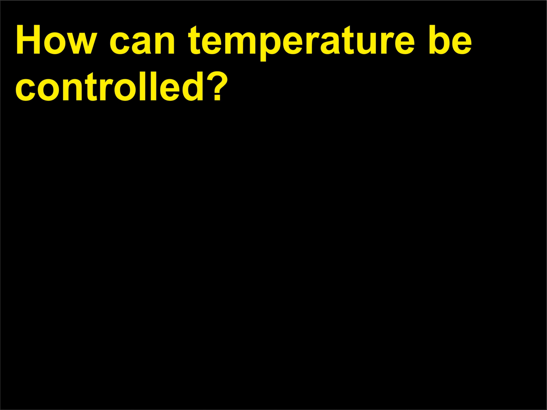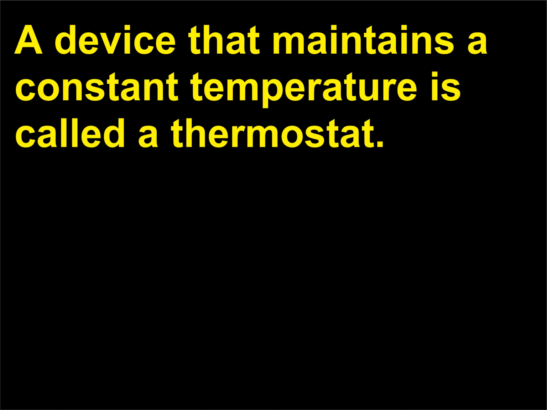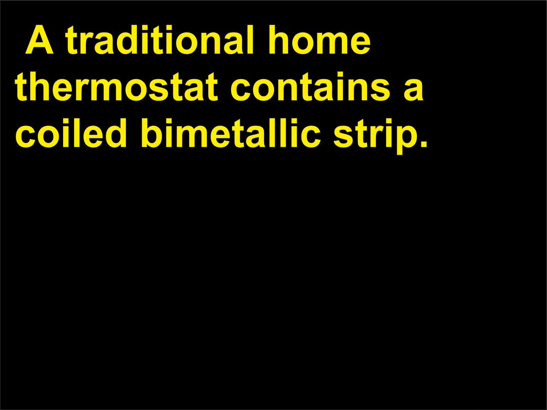How can temperature be controlled? A device that maintains a constant temperature is called a thermostat. A traditional home thermostat contains a coiled bimetallic strip.